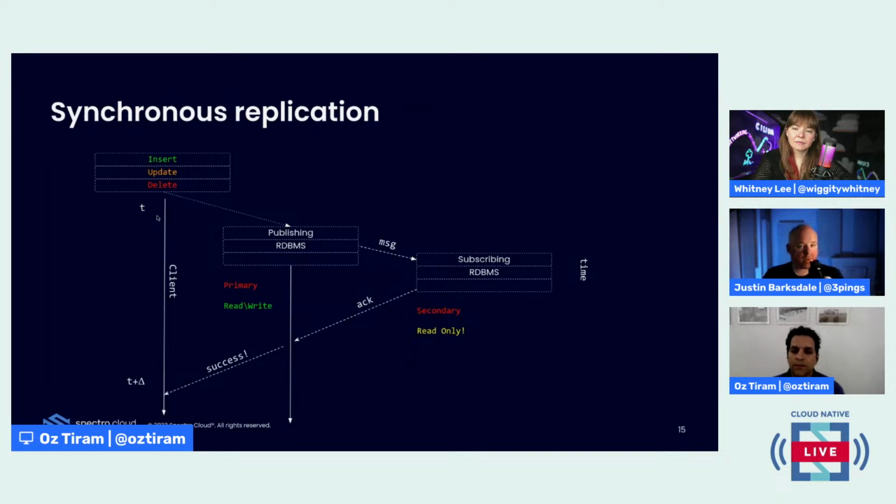Obviously, there's a lot of room here for things going wrong. It could be the network between the client and the database, and again from primary to secondary, there could be loss of data. So there's a complexity here which you have to consider when you go to synchronous replication.